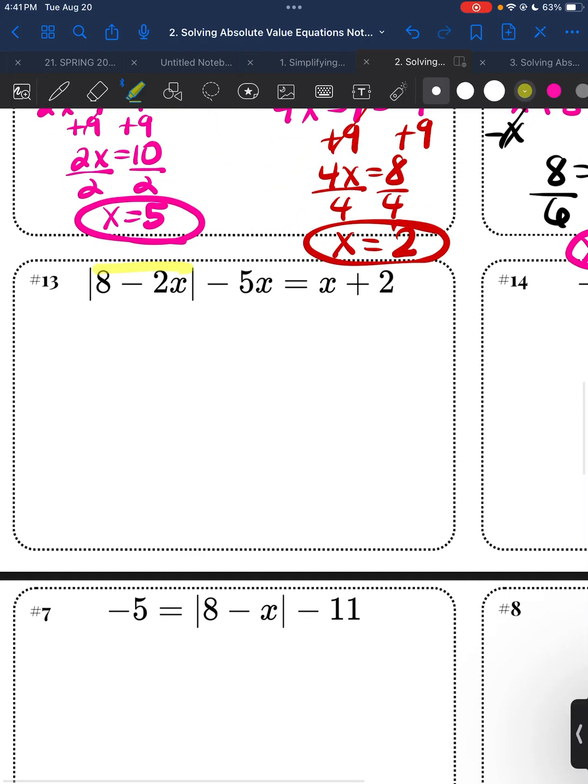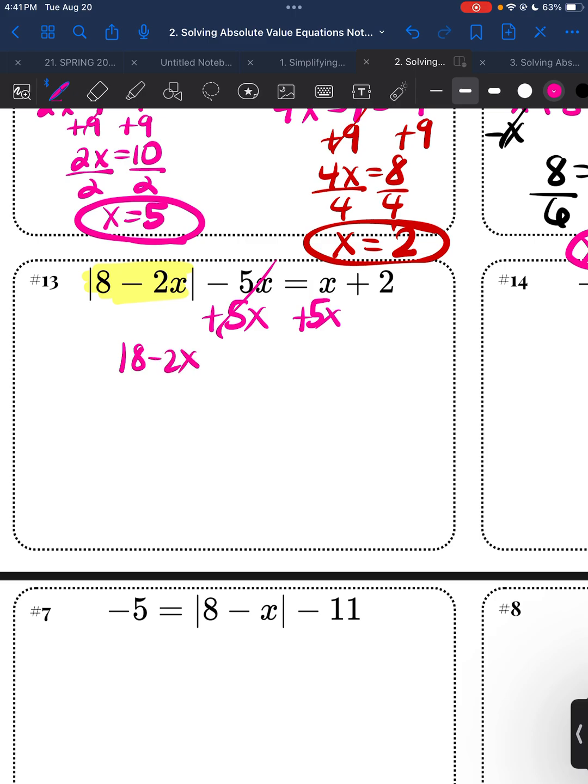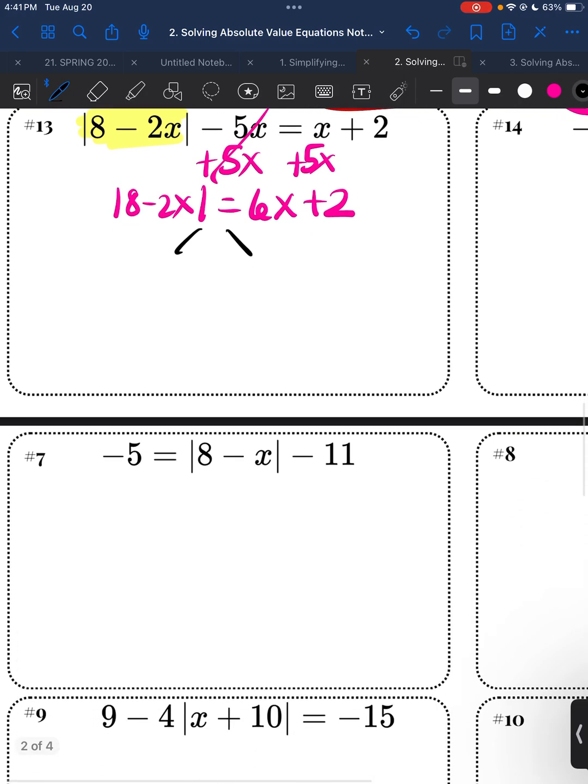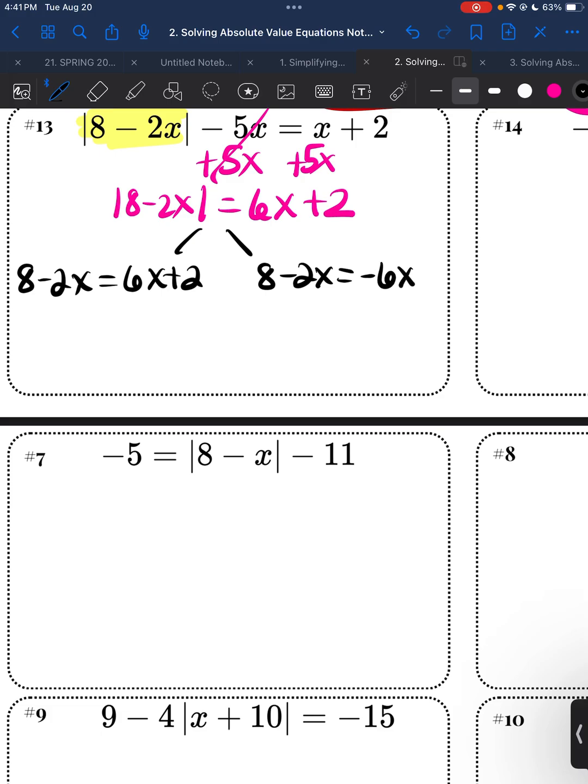Number 13, I'm going to do plus 5x. So x plus 5x, this is 6x plus 2. We have it isolated, so we split it. The left stays the same. On the right, we change both things. So the 6x becomes negative, and then the 2 is also going to become negative.